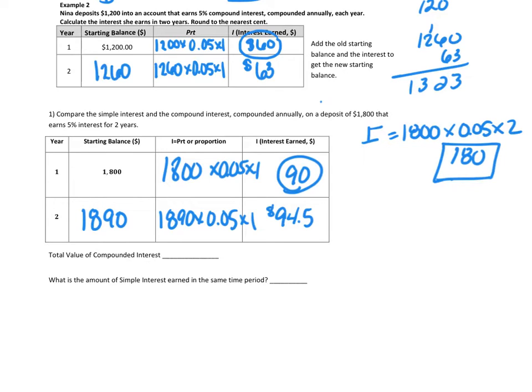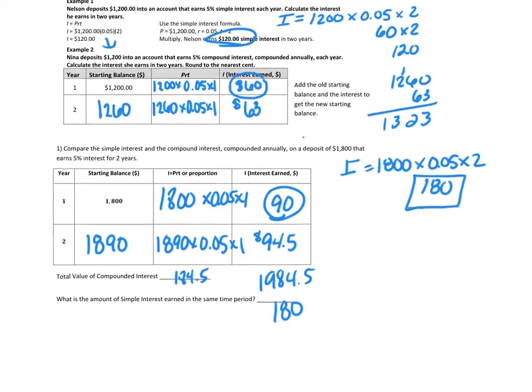Okay, total value of compounded interest, I think he got 184.5 total in interest, right? But his total outcome would be 1,890 plus 94.5, which is 1,984.5. What is the amount of simple interest earned in that same period? It's $180. So which one earned more? Compounded annually.